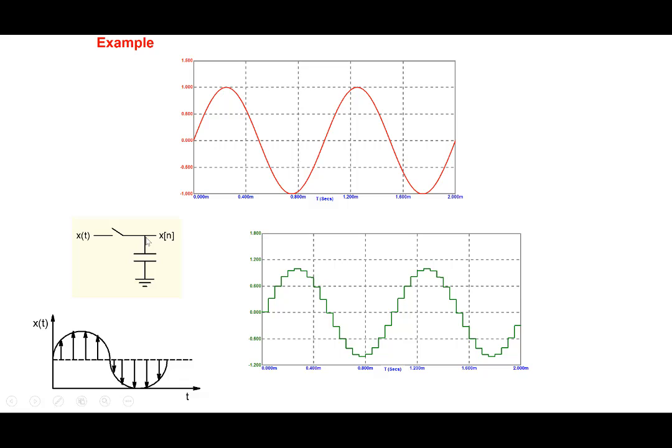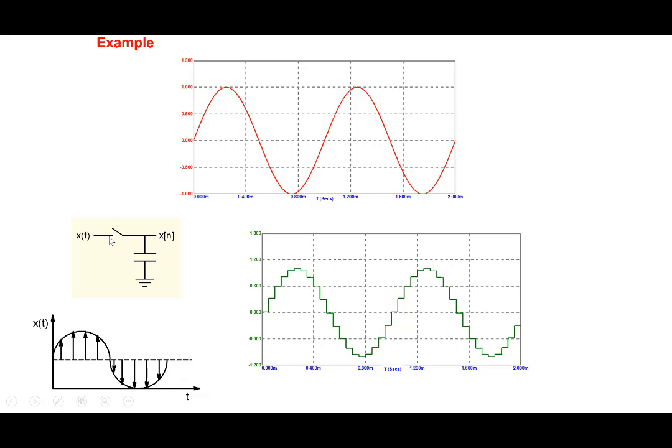The capacitor cannot discharge, so it retains that particular value. That's why it is constant till the next sampling instant. At the next sampling instant, it samples the next value, so it quickly charges up. The charging is so fast that we have shown it almost like a vertical line here. And then it holds the value till the next sampling interval. That's why we call this circuit a sample and hold.